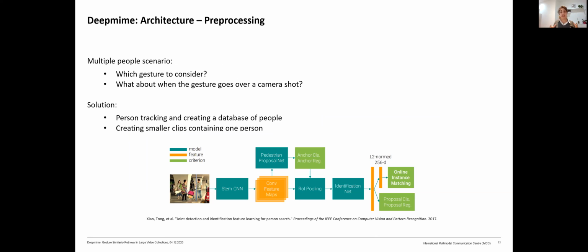So here another challenge comes, because the search usually happens when you have a data set or a collection of the things that you want to search in. But when we have a video, starting from the beginning and going over the video, you don't have that collection anymore. So you start with a person appearing, but you don't have any collection or gallery of images or instances of the people to compare this person with.